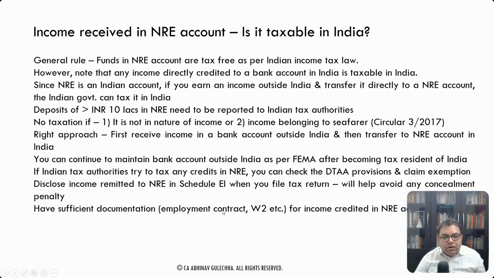Have your sufficient documentation, that means your employment contract, your W-2, your tax returns filed with the IRS, proof that you have made the tax payments, right? Keep all that documentation folder-wise, for example calendar year 2023, 2022, 2021, 2020.